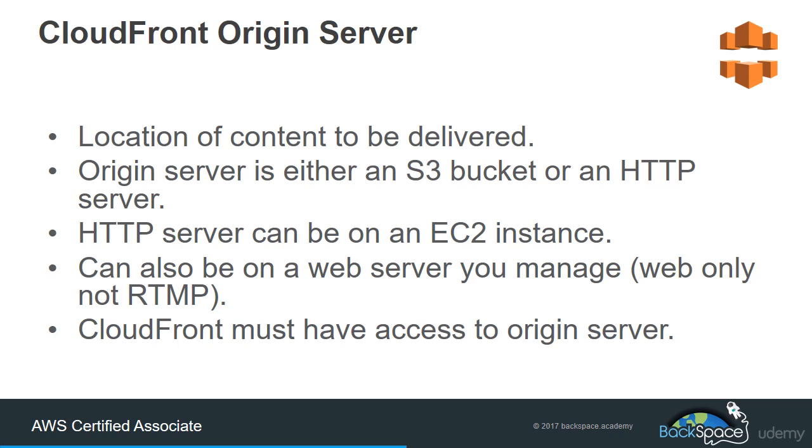This is the case for web only, not RTMP, CloudFront distributions. We could have a web server outside of AWS, provided that CloudFront has access to that server. So if it's publicly accessible content, then we can use that as a basis for our CloudFront distribution.